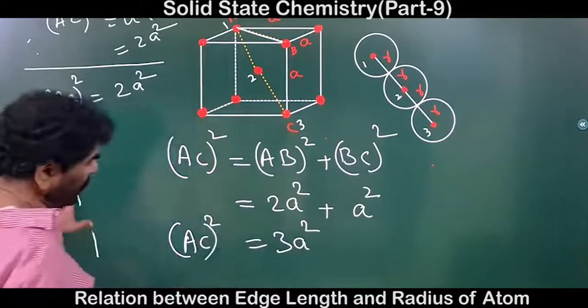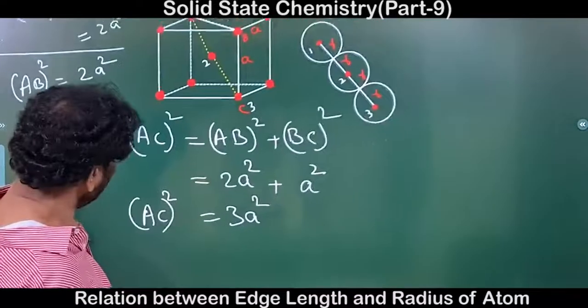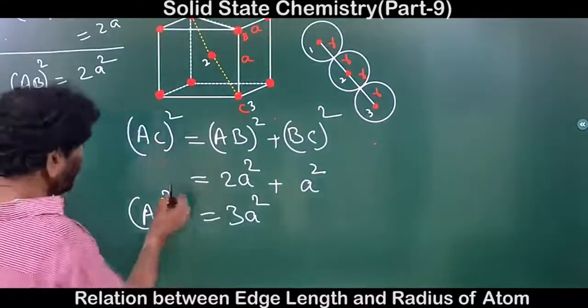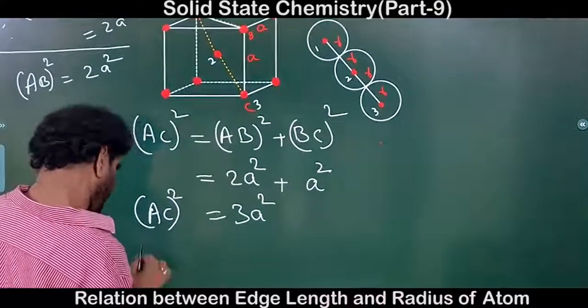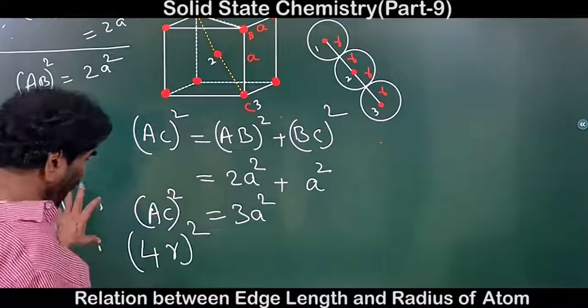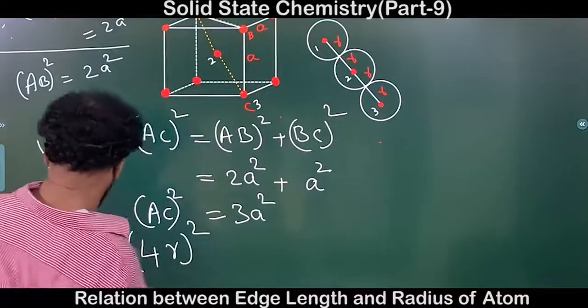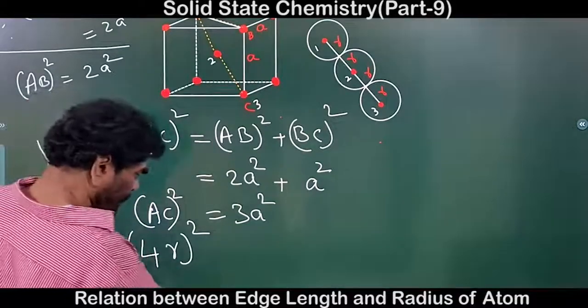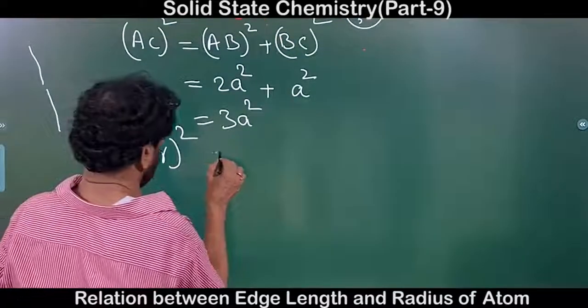AC square is equal to 3A square. Now, if that is the case, then what is AC? AC is equal to 4r, so 4r square is equal to 3A square.